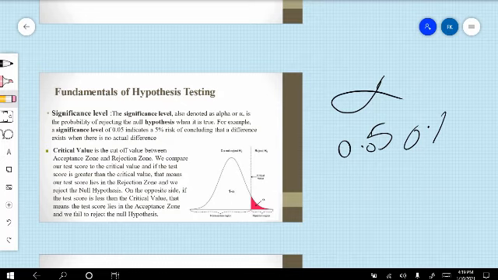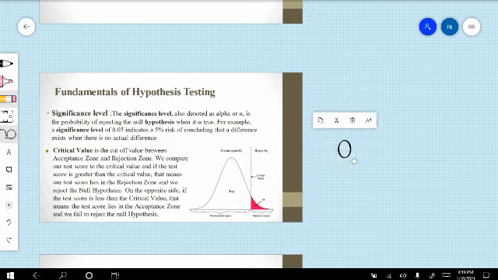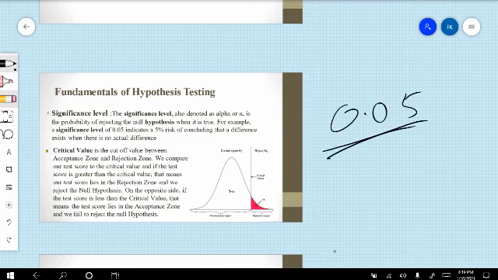The significance level is also denoted as alpha. So type 1 error is called significance level. Usually we use 5%, the common significance level used.